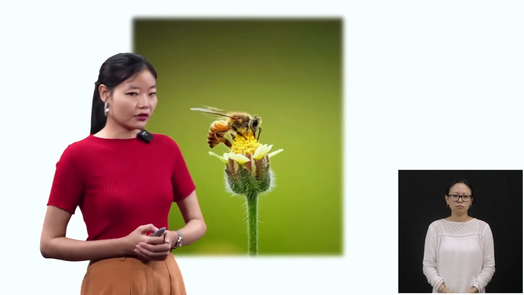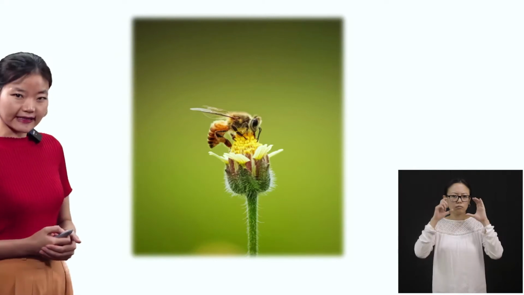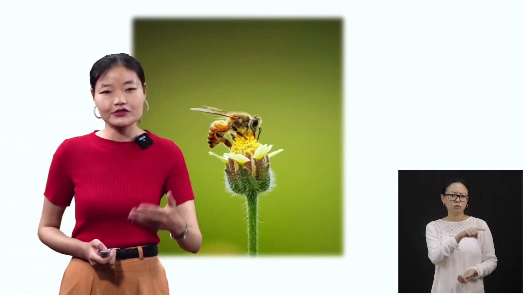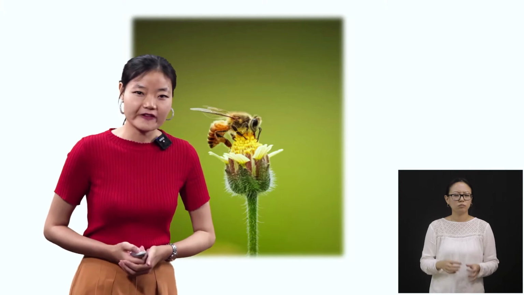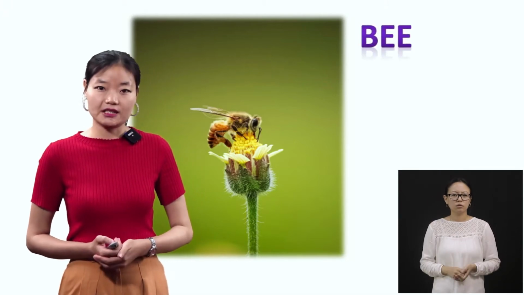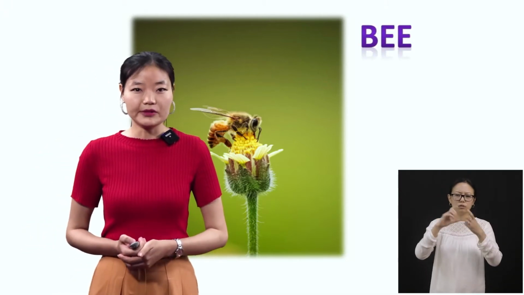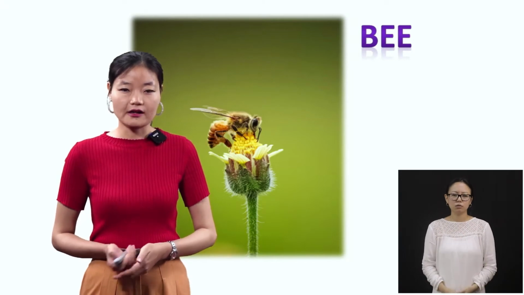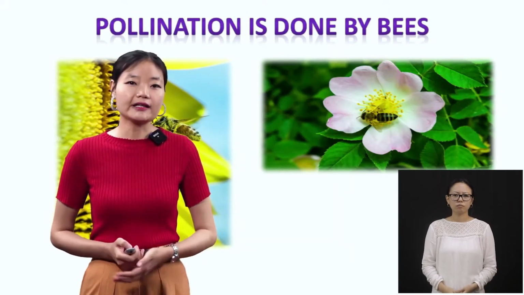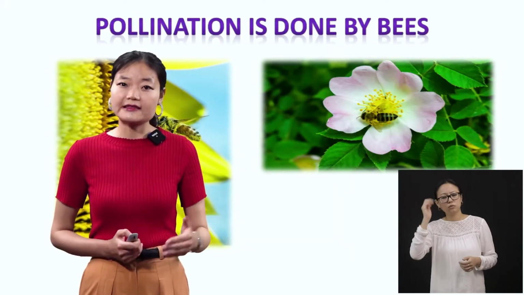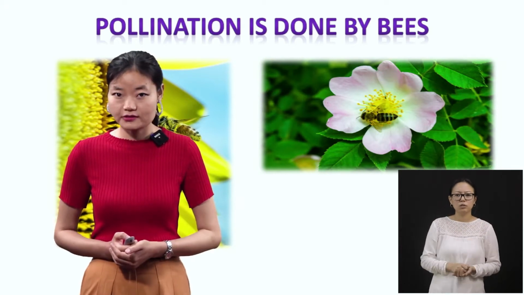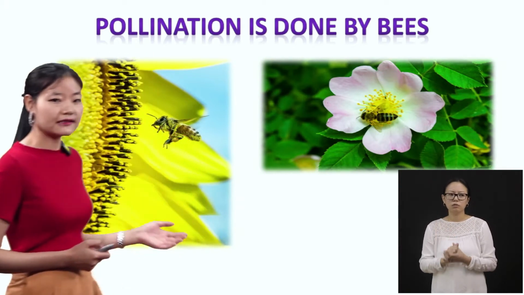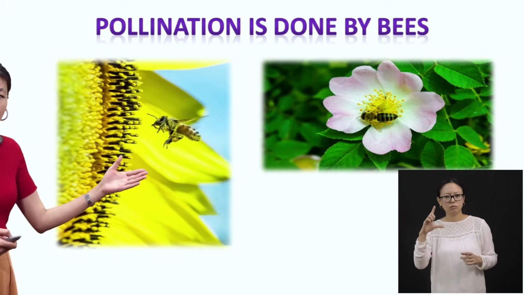Okay, now this is the first insect that I would like to introduce to you all, and the name of this insect is bee. B-double-E, bee. Now we all know that bees contribute to the process of pollination. Now when I say pollination, you get to see these flowers, right?